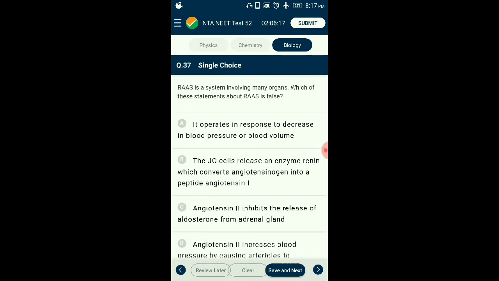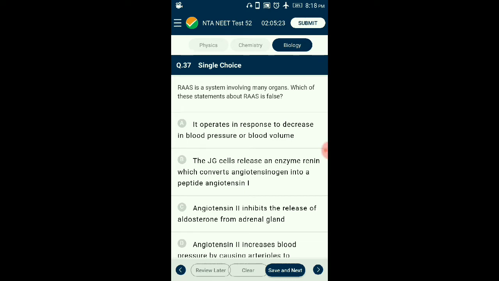Question 37. RAAS is a system involving many organs. Which of these statements about RAAS is false? The renin-angiotensin-aldosterone system is a specialized response of the body in order to maintain the optimum blood pressure of the body. When the blood pressure falls, it is sensed by the juxtaglomerular cells in the kidney. They release a hormone called renin in response to this. Renin converts angiotensinogen into angiotensin 1.